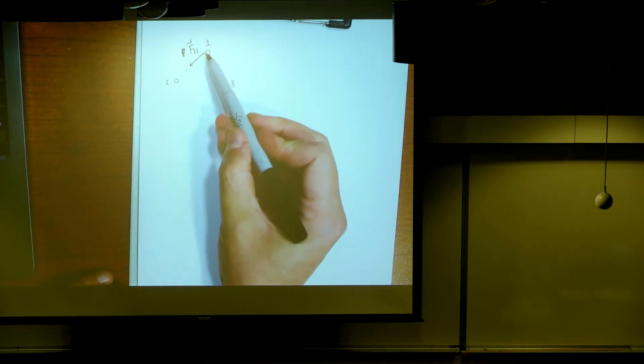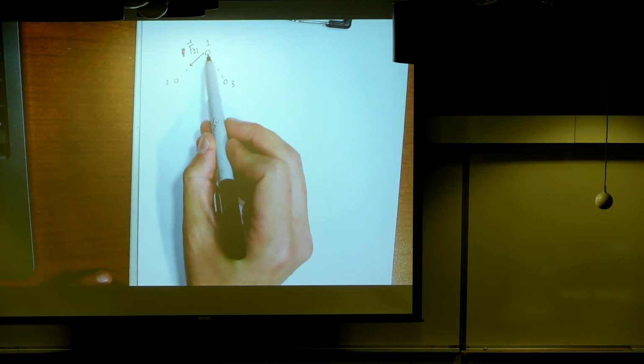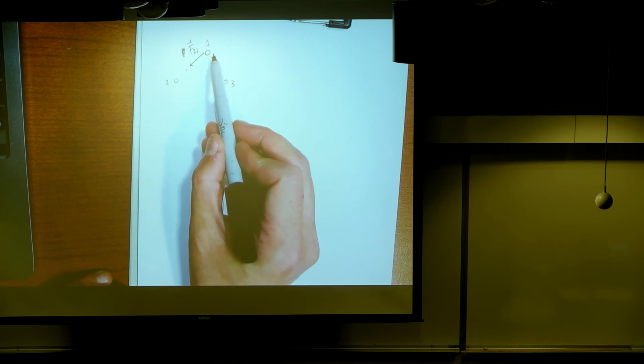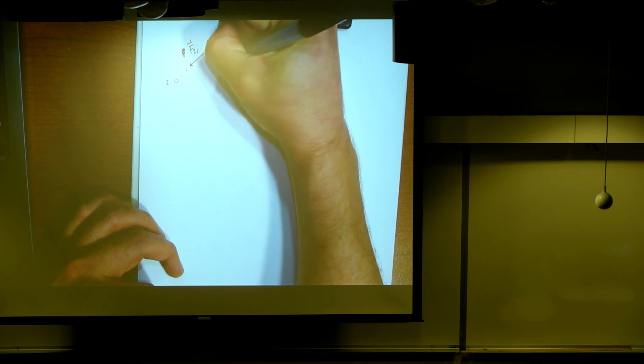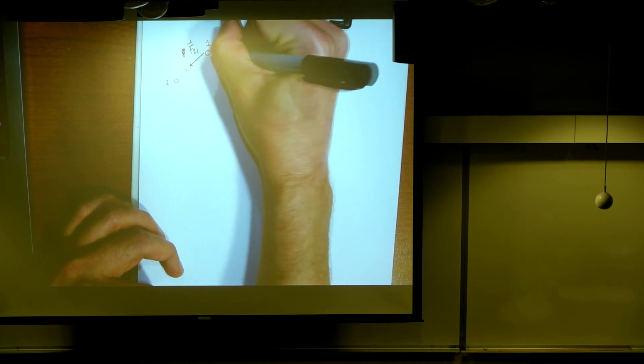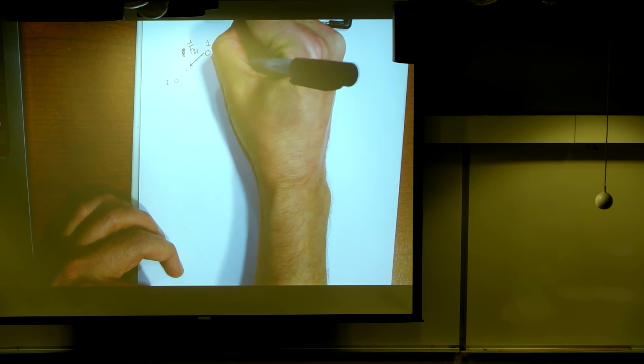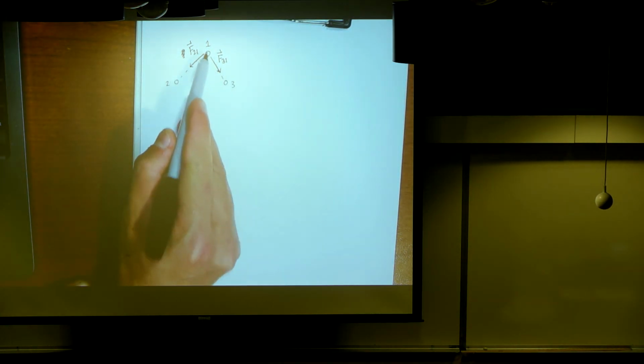That's the force that number 2 down here is exerting on number 1 up here, okay? Then we have this force, which is F31. That's the force that number 3 over here is exerting on number 1 over here.